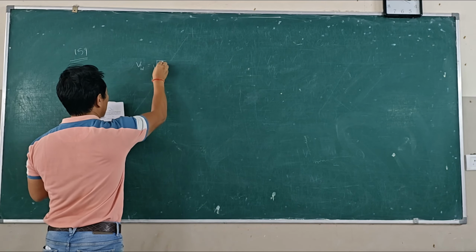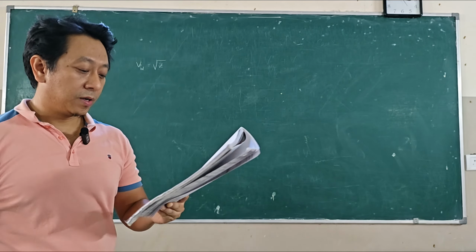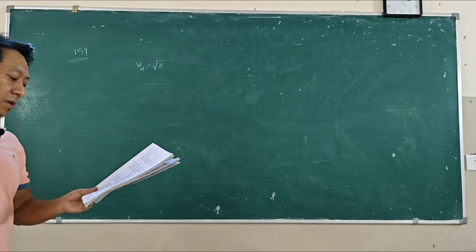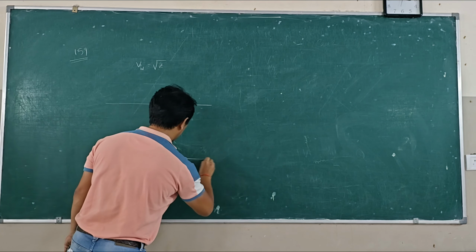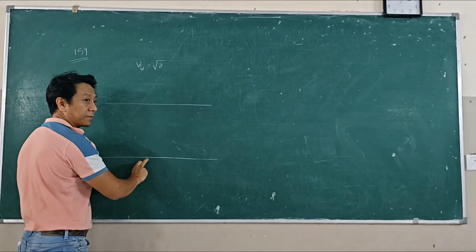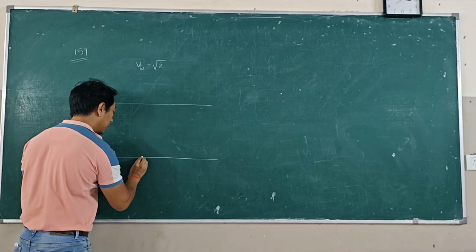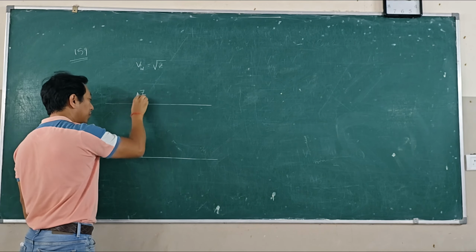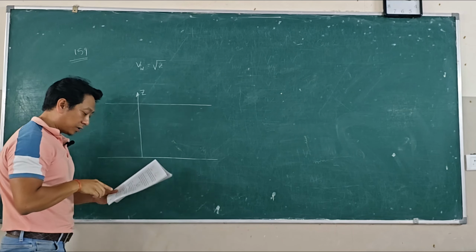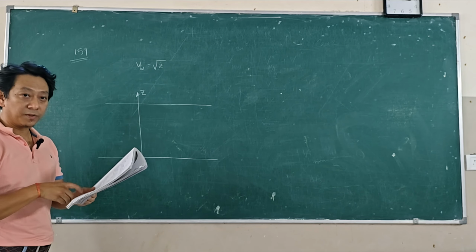So VW is under root Z, where Z is the perpendicular distance in meters from the bank. So imagine this is your river and this is one of the banks. As you move perpendicular to this flow, this is your Z, they told.